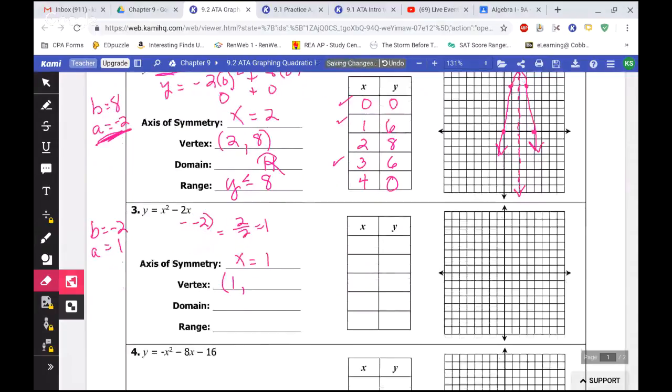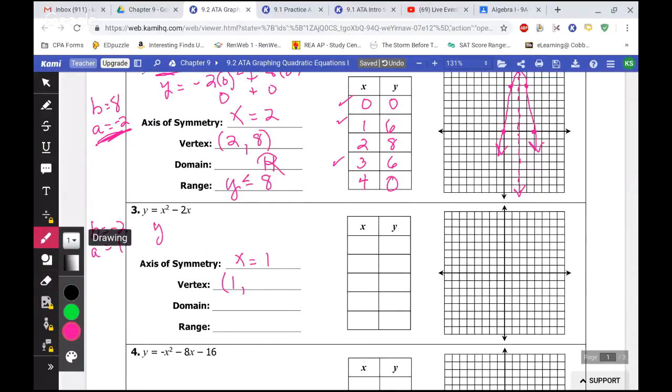And now we'll take that value and plug it back into the original equation to find the y-coordinate of the vertex. So 1 squared minus 2 times 1, 1 minus 2, so that y equals -1.